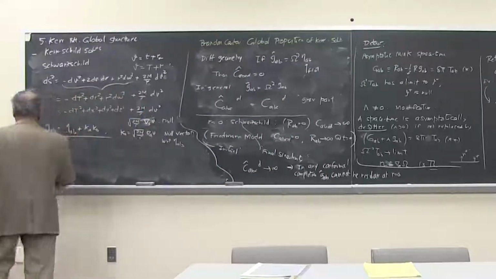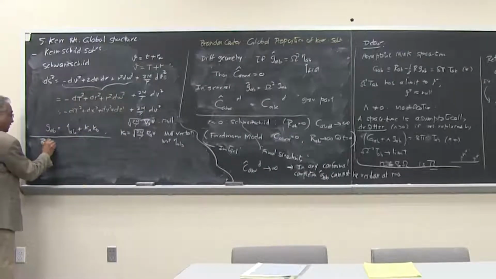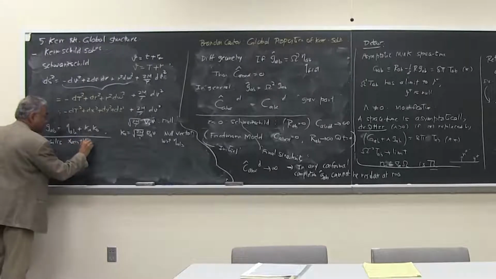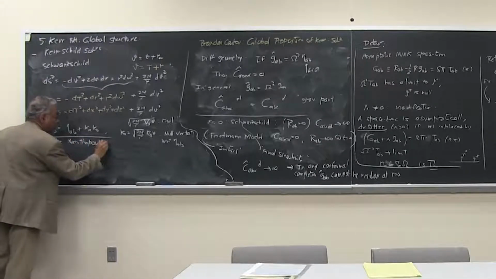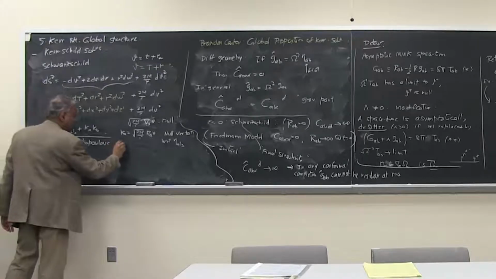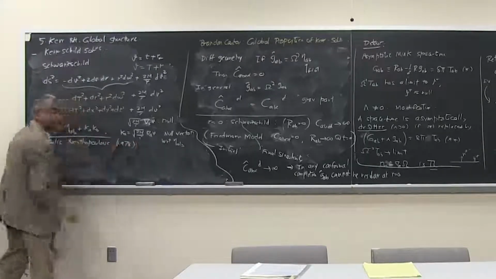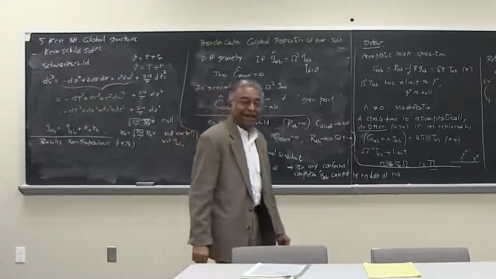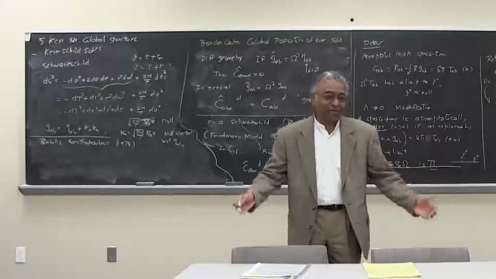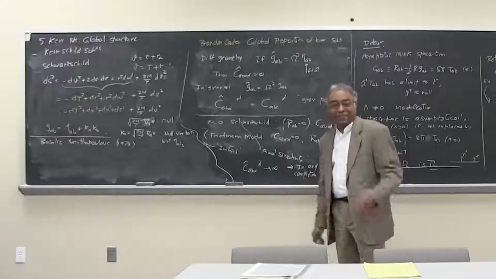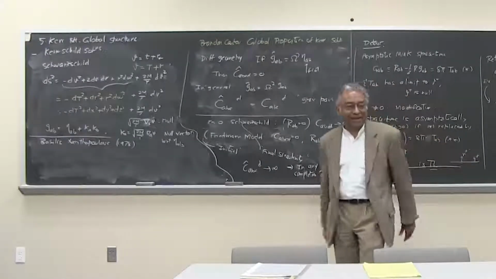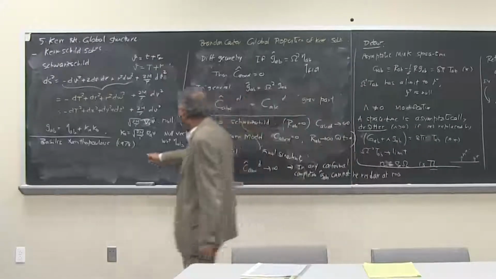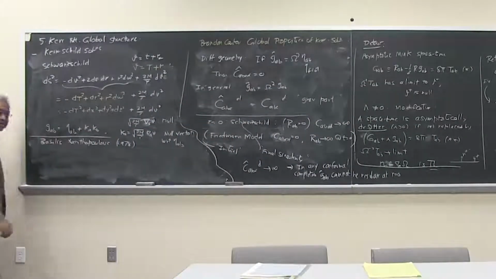A graduate student, Vasilis Xanthopoulos, in 1978, discovered the following incredible fact. I was a postdoc, he was a graduate student, we were close friends. For some reason, he was not even going to publish it, and I kept asking him to publish it, so finally he did publish it. It's in the Journal of Mathematical Physics. He found the following remarkable fact.